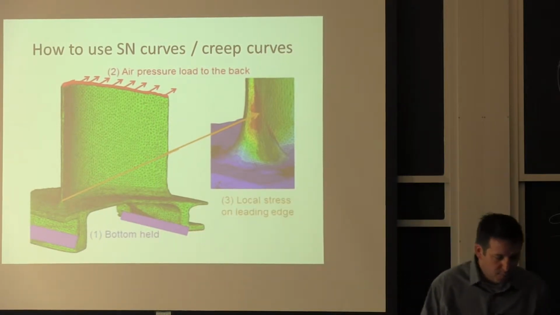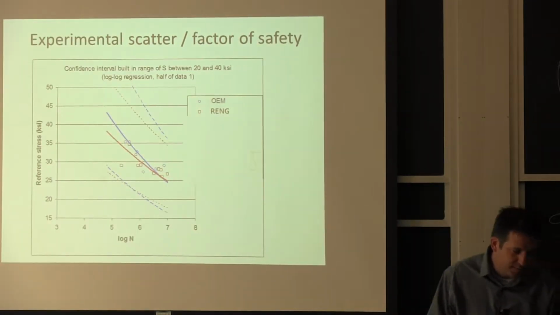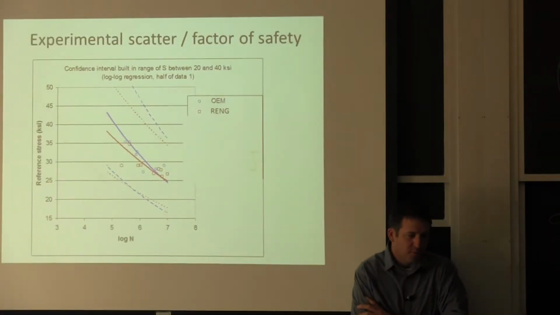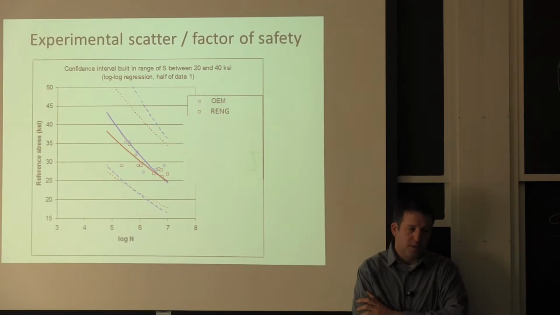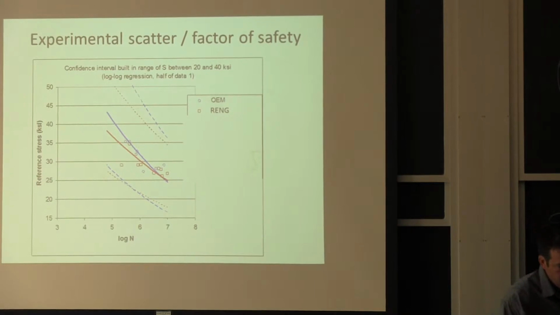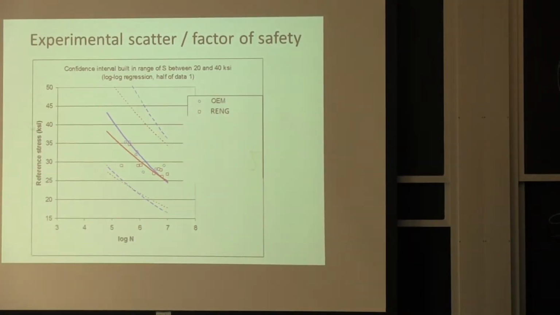At the same time, when you run a material test, I'm showing here some curves from a reverse engineering. We were trying to figure out if this would work to change manufacturer for the turbine blade. You have variation. So this is the same, we're looking at stress level and number of cycles to fail.